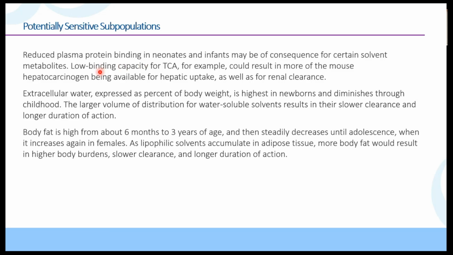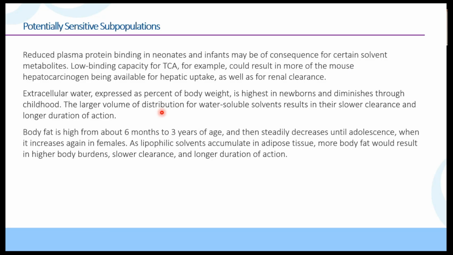Low binding capacity for TCA, or trichloroacetic acid, for example, could result in more of the mouse hepatocarcinogen being available for hepatic uptake as well as for renal clearance. So if the plasma protein binding is less, then more of the toxicant will be available for hepatic uptake and for renal clearance. Then extracellular water, expressed as percentage of body weight, is highest in newborns and diminishes through childhood.